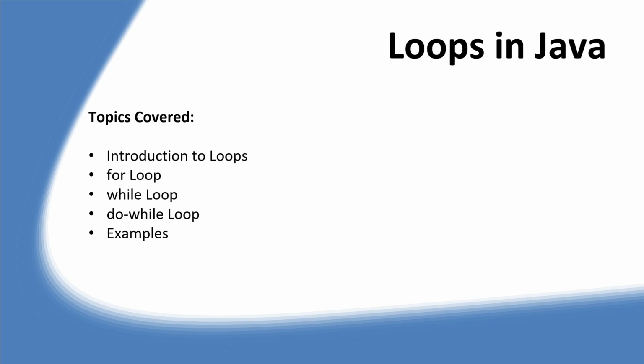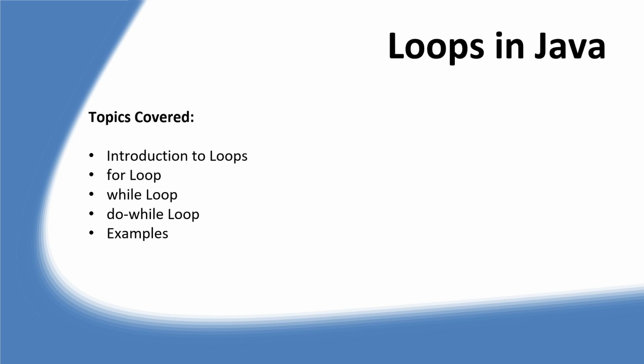To execute a block of code multiple times, instead of writing n number of lines, we use the concept of loops. There are three types of loops: for loop, while loop, and do while loop.